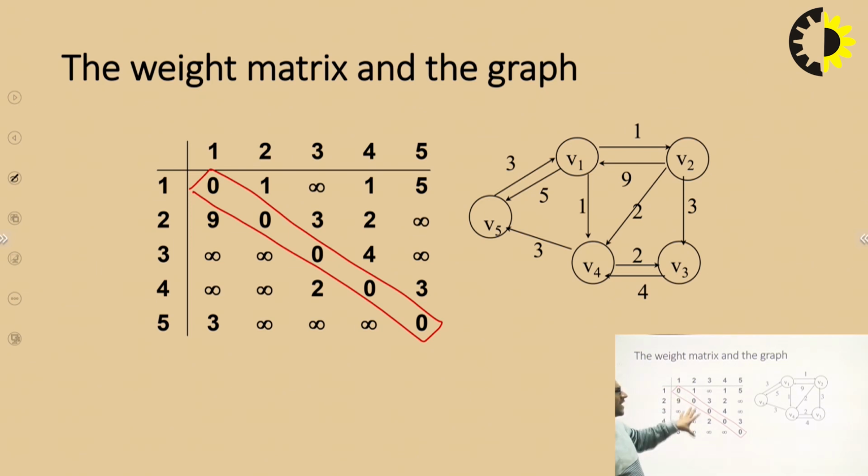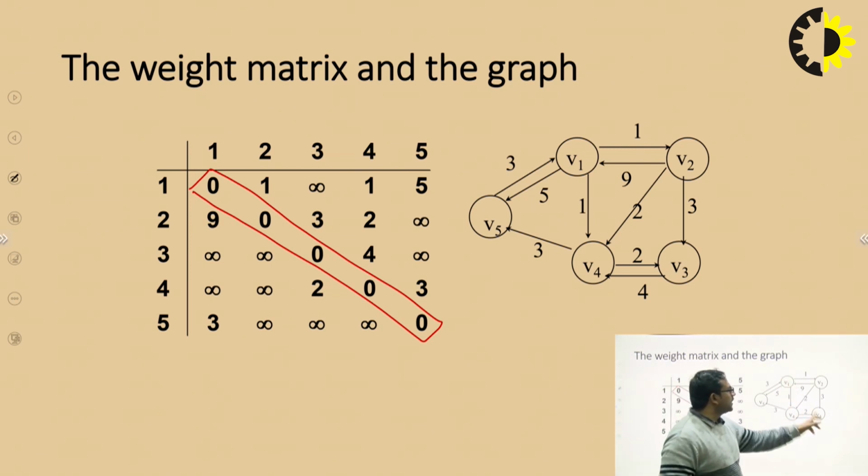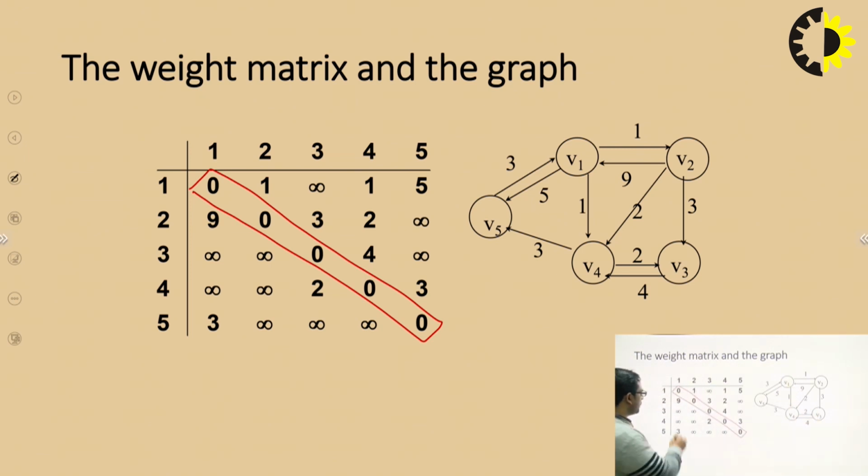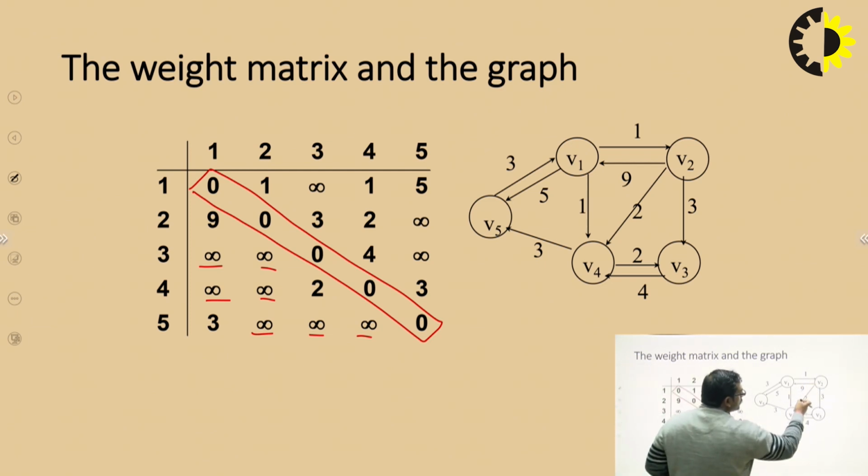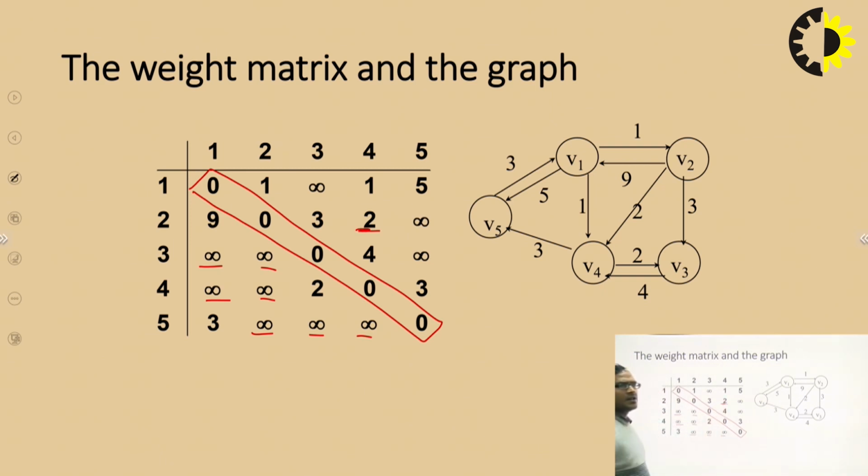If there is no direct path, like you can see 3 to 1, there is no direct path, so I have written infinity there. And if there is a direct value, like you can see here, 2 to 4 is 2, that is the weight I have already written there.